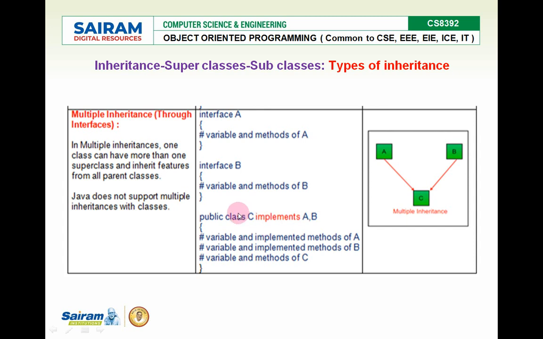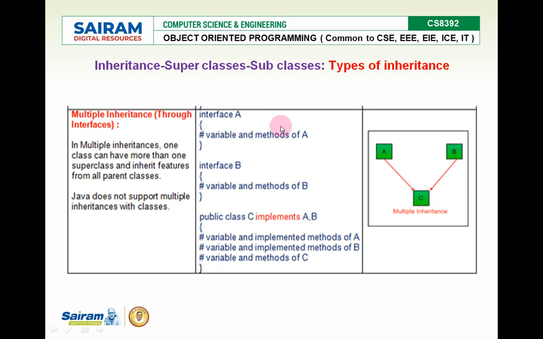So here, public class C extends A comma B is not allowed in Java. Instead of that, we can have multiple base interfaces which are going to be implemented. That is what is called multiple inheritance, but using interfaces.